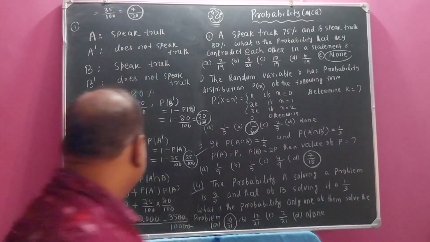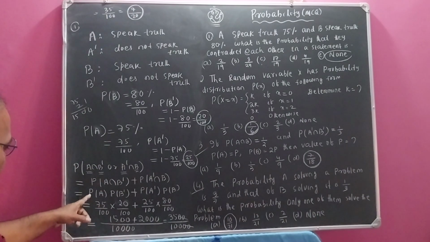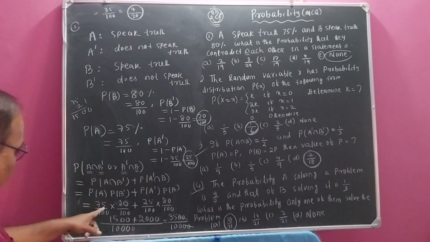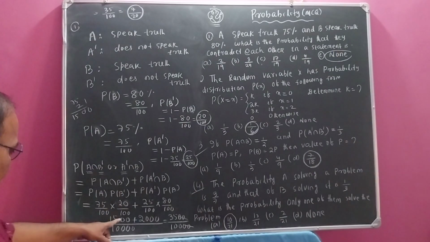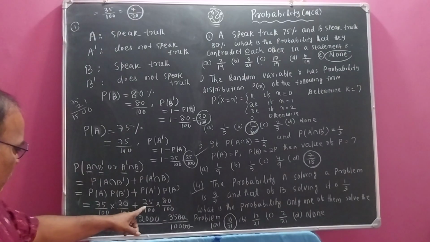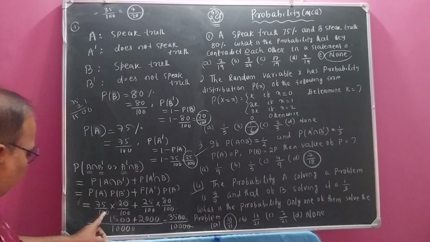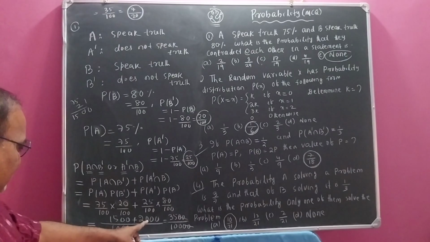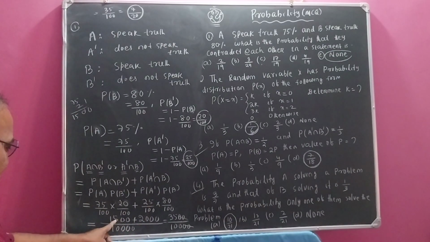So now I am checking another way. Probability of A is 75 into 2, that is 1500. Here it is 2000 plus 1500, that is 3500. 35 by 100 means we get 7 by 20, the correct answer.